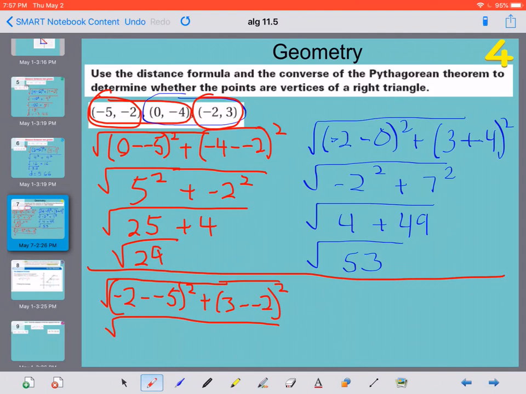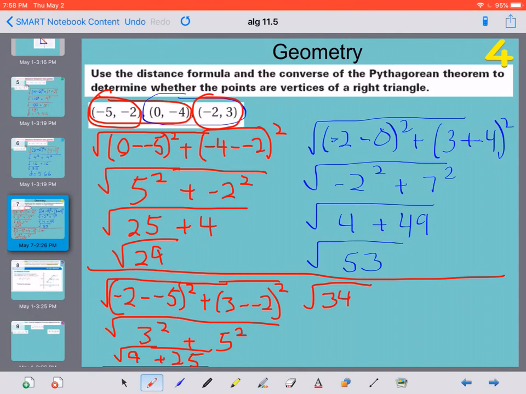Negative 2 minus a negative 5 becomes 3 squared, plus 3 minus a negative 2 becomes 5 squared. So we get the square root of 9 plus 25, which gives me 34.